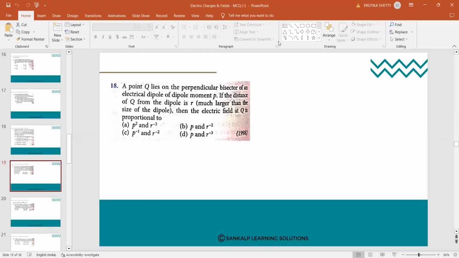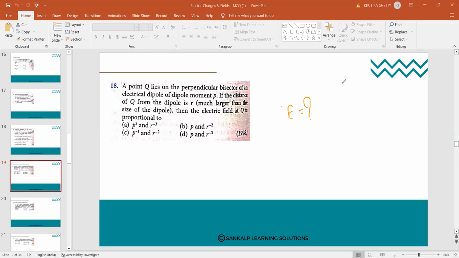So we will take this question. That is, a point Q lies on the perpendicular bisector of an electrical dipole of dipole moment P. If the distance of Q from the dipole is R, then the electric field at Q is proportional to. So they are asking what the electric field is proportional to.